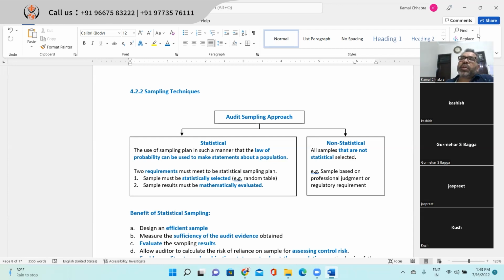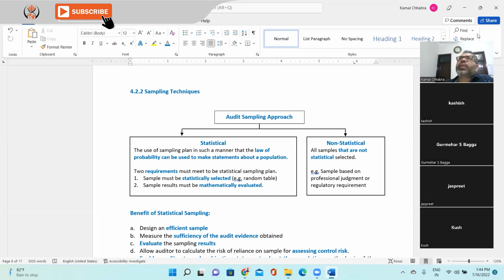So these two things need to be followed to consider any approach to be a statistical sampling approach. Non-statistical sampling approach can be based on the risk or it can be based on the value. For example, if you are testing expenses, let's say business development expenses, you may say I would like to test each item which is more than $10,000.